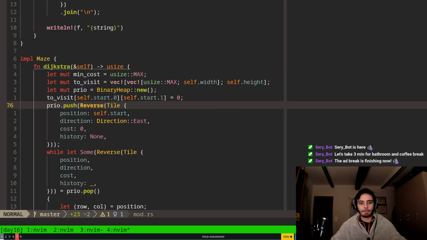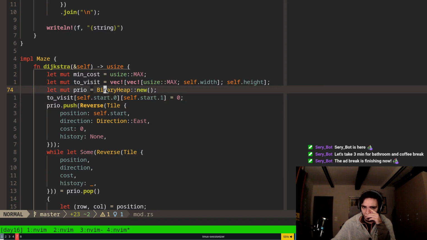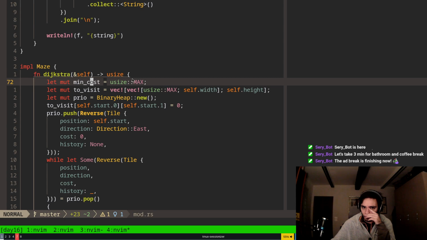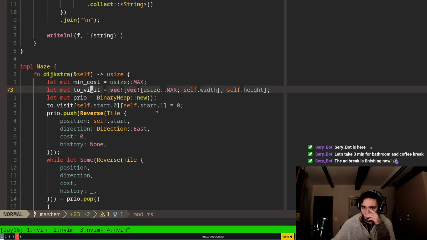Yeah, and well, this guy went for Dijkstra, which is fine. Now I kind of have the both of them. Binary heap. So min cost, max to visit vec, you save max. Oh, that's how you do it.